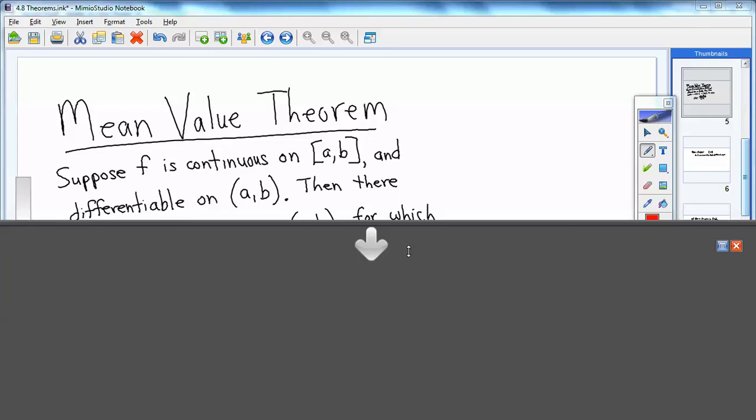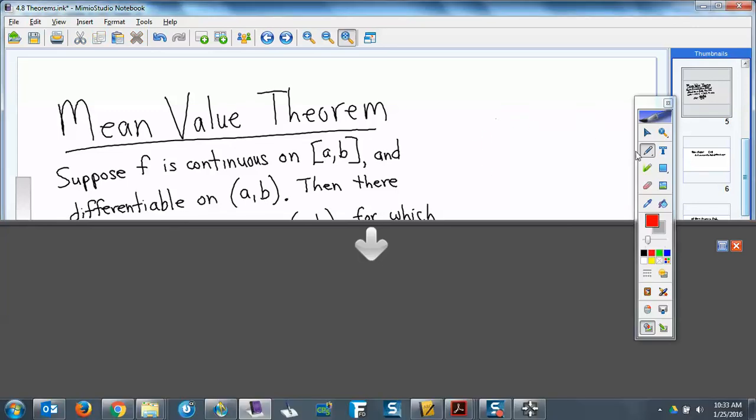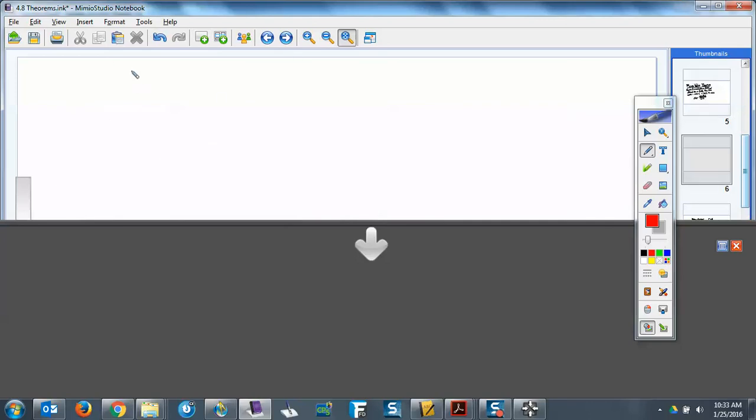So continuous means no breaks or anything like that. Now, one of the things I often will put up here is, okay, so continuous, just so we understand. And whether you write this down or not, I don't care, but this is continuous, right? But that is also continuous, right? Both of those are continuous.